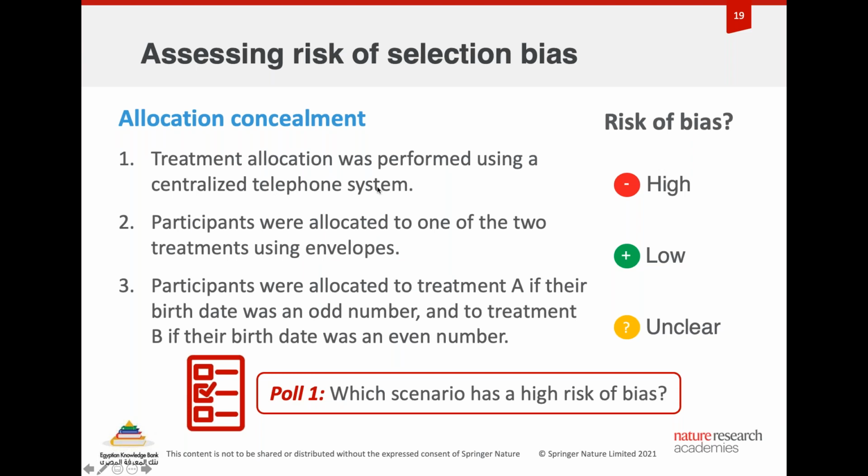Two, participants were allocated to one of two treatments using envelopes. And three, participants were allocated to treatment A if their birth date was an odd number and treatment B if their birth date was an even number. Now we're talking about masking, so blinding of the investigators. Which of these systems do you think is going to have the highest risk of bias?